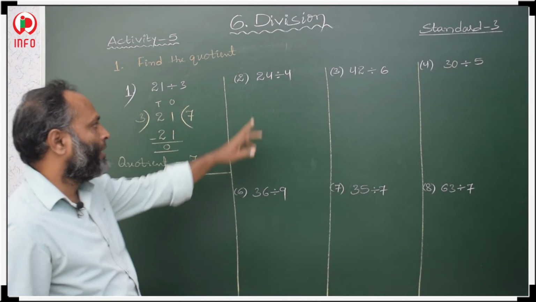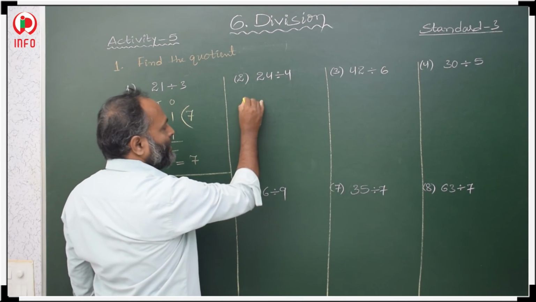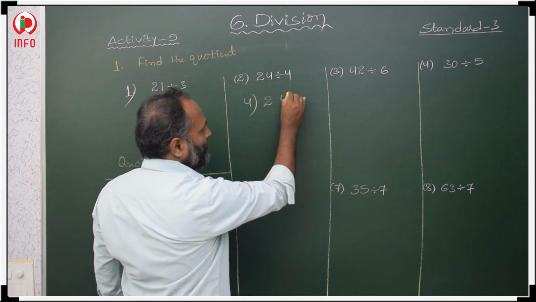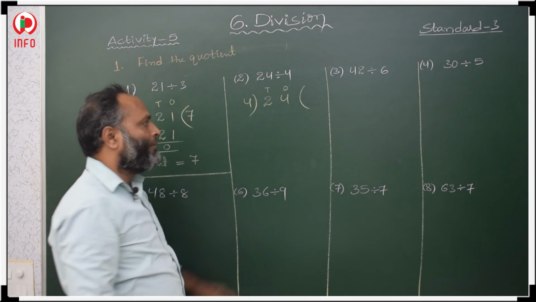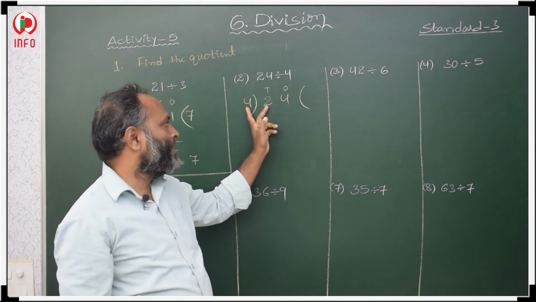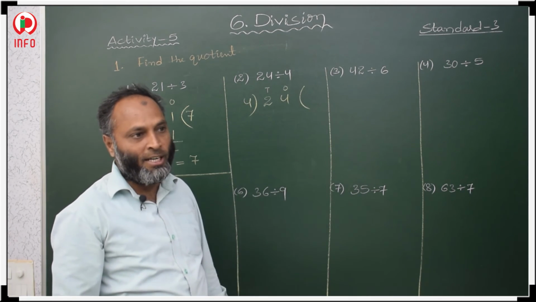Next, 24 divided by 4 means 4 is the divisor. The divisor divides this dividend. This is ones place, this is tens place. Now we compare 2 with this divisor. This 2 is lesser than this 4, so we consider 24 at a time.